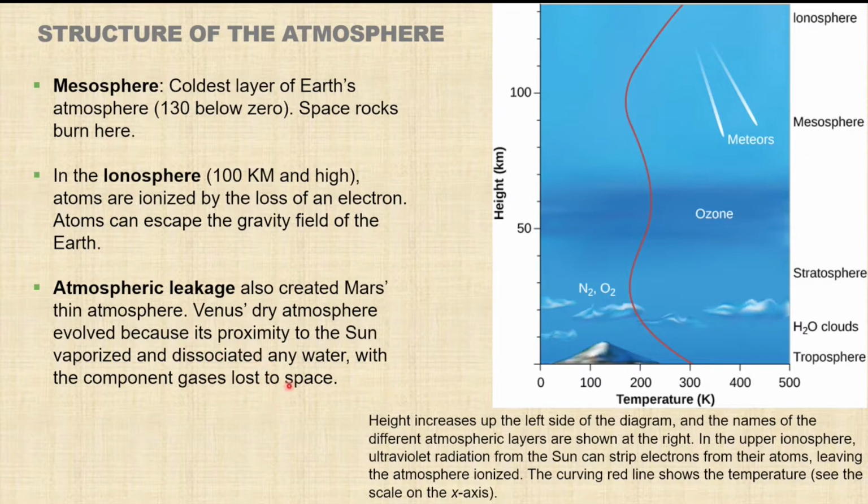The same thing could have happened around Venus's atmosphere. But on Earth, again, gravity is strong enough. That leakage is not that massive, yet it is physically possible for these electrons and atoms to escape out from the Earth's gravitational pull.